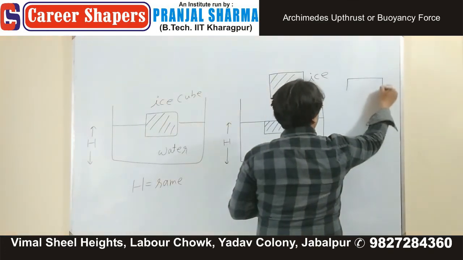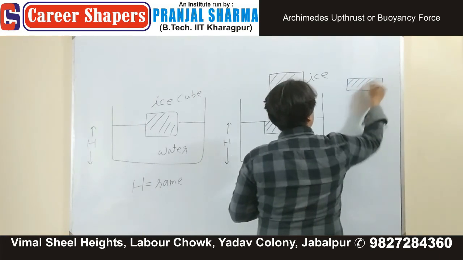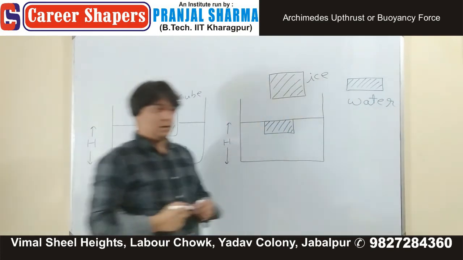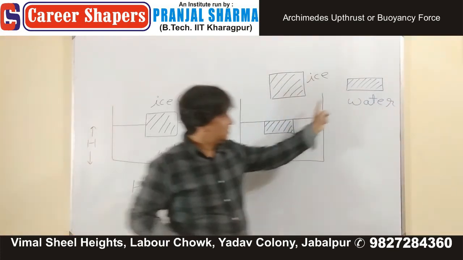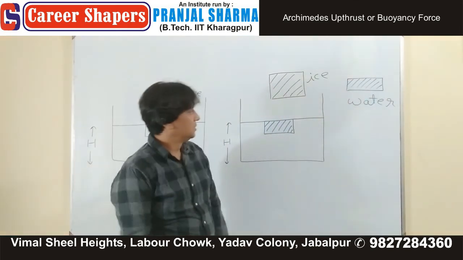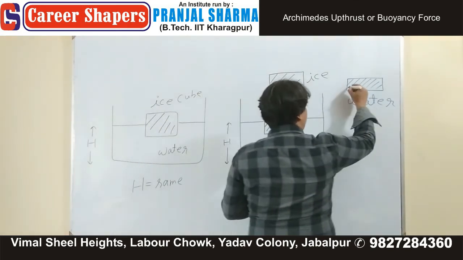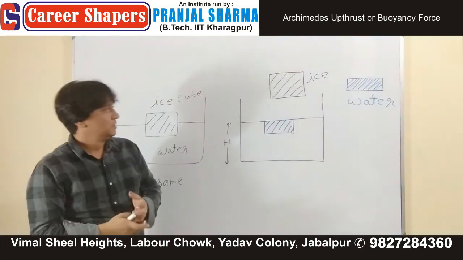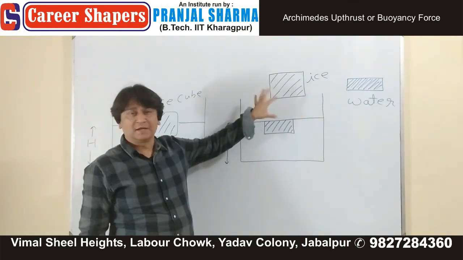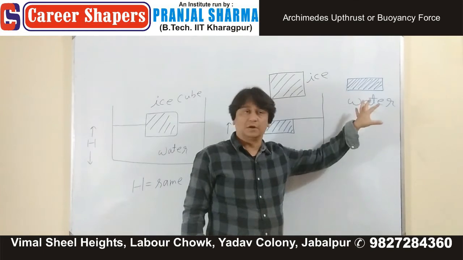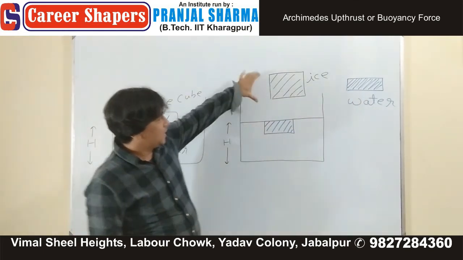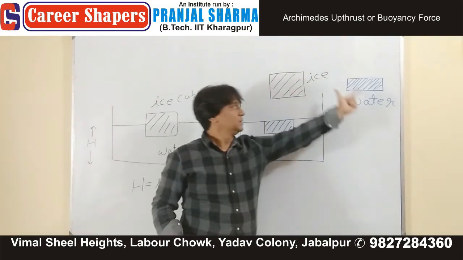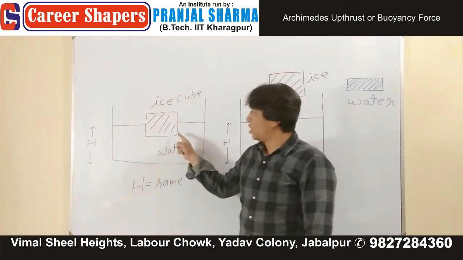Blue is water. If you cannot see the color, remember this is water. Let's make it more blue, more blue. Maybe it is visible now. So the thing which you see in black is the ice cube, and the thing which you see in blue is the water. आपने क्या किया, आइस क्यूब को इसके अंदर रखना था, ब्लू साइड में, आइस अंदर, एंड यू गॉट दिस.